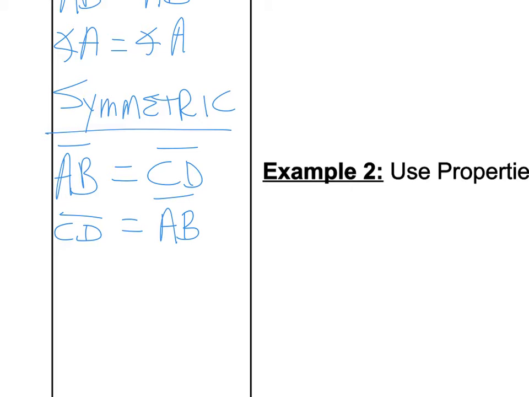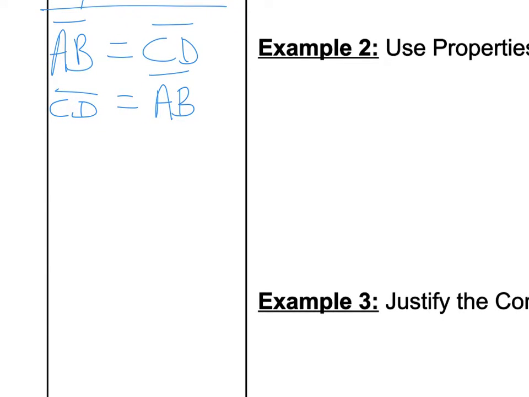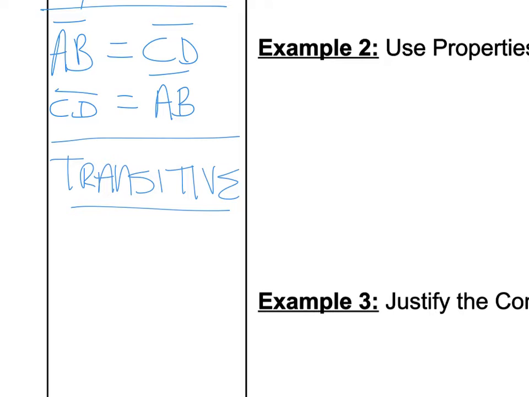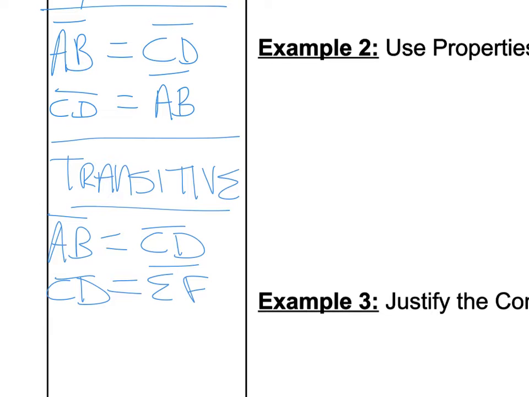Now the last property we want to really talk about here is the transitive property. The transitive property is basically going to say this. If segment AB is equal to segment CD, and segment CD is equal to segment EF, now this is kind of like yesterday in 2.5 when we were talking about those true statements at the end.